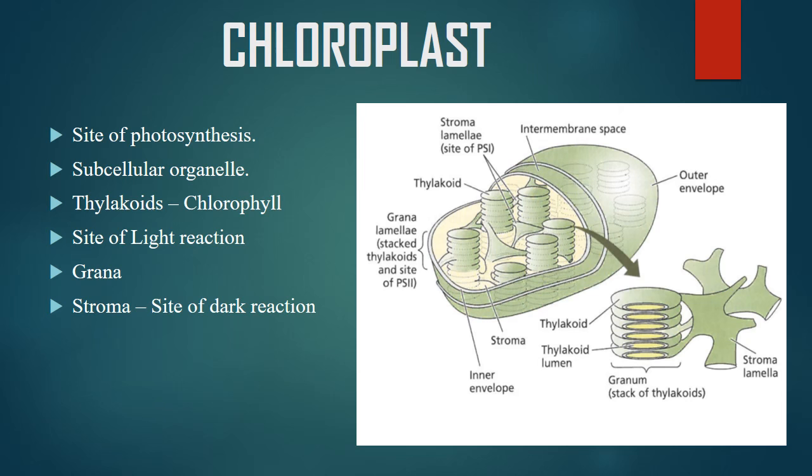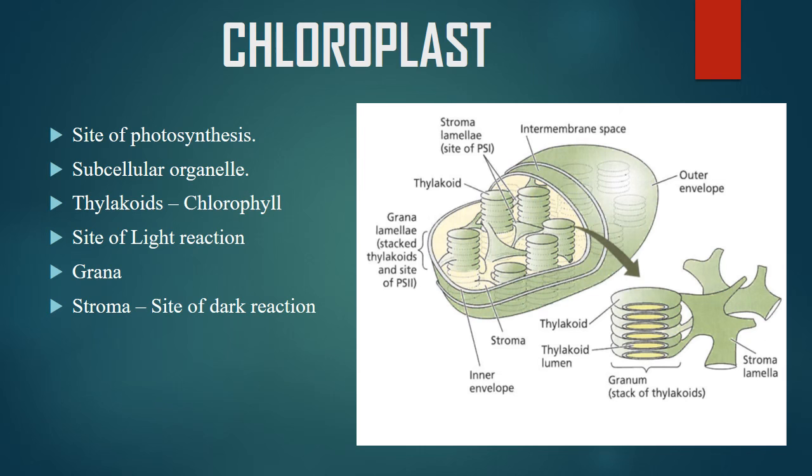Thylakoid contains the green light-absorbing pigment known as chlorophyll, which is the major site of the light reactions in photosynthesis. Carbon reduction reactions, which are catalyzed by water-soluble enzymes, take place in the stroma, that is the region of the chloroplast outside the thylakoids.